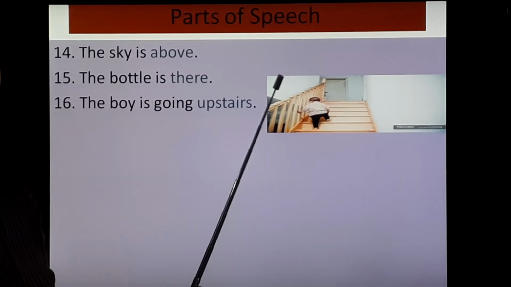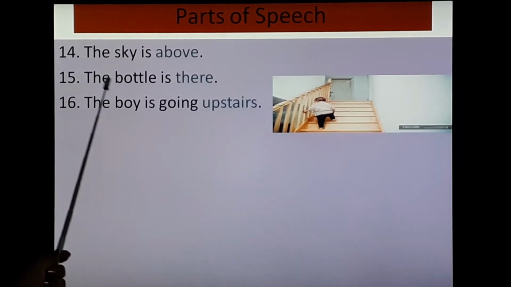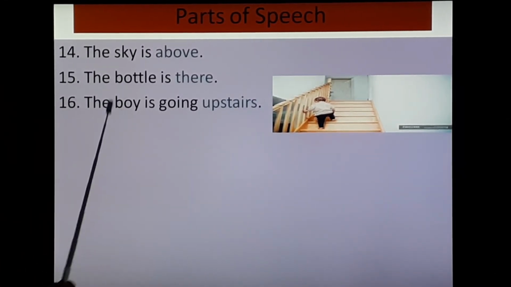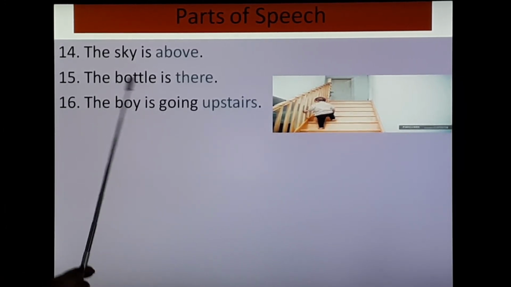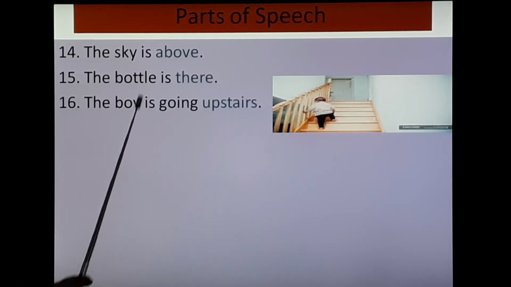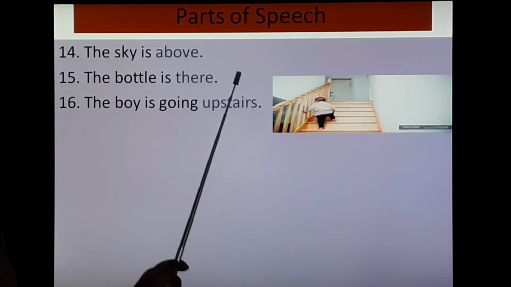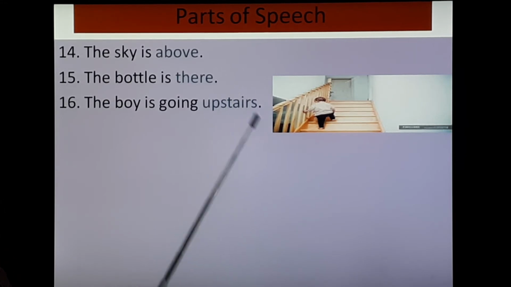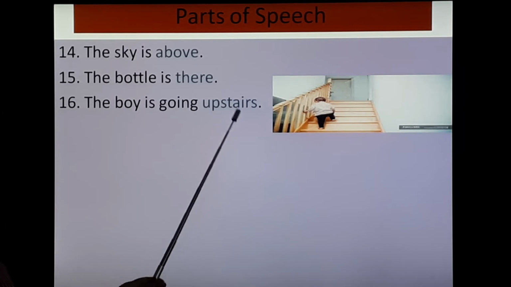Upstairs, downstairs, all these are called adverbs. According to the sentence and picture, the boy is going upstairs. Find out the verb: is going, this is called the verb or predicate. And upstairs adds something to the meaning of the verb going. That's why upstairs is an adverb.